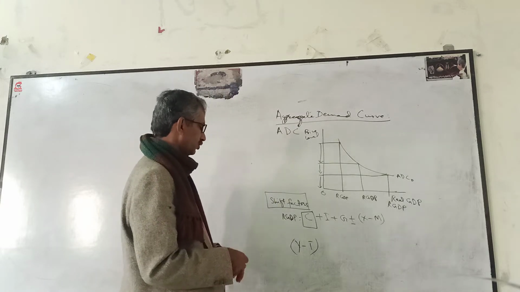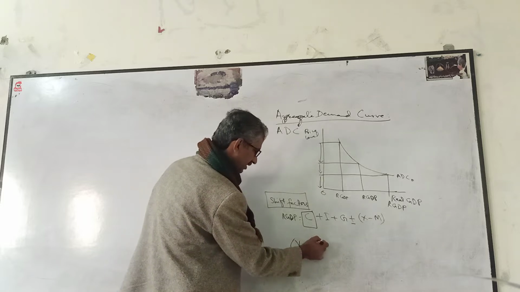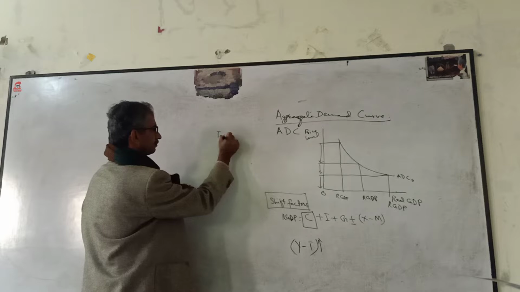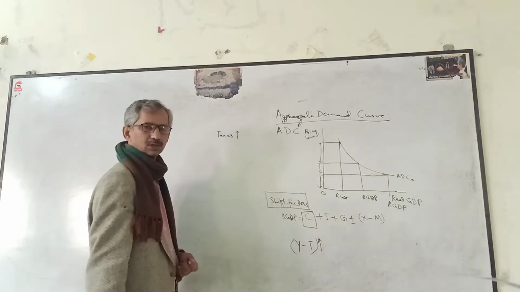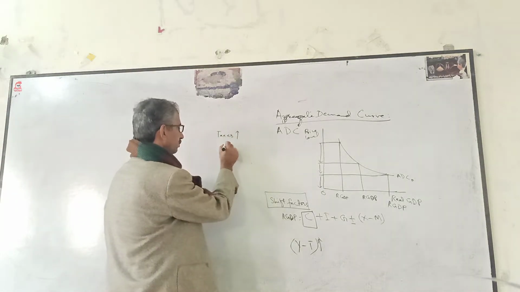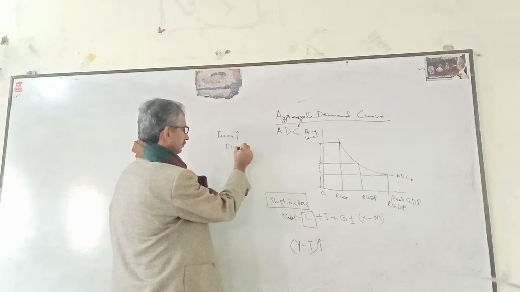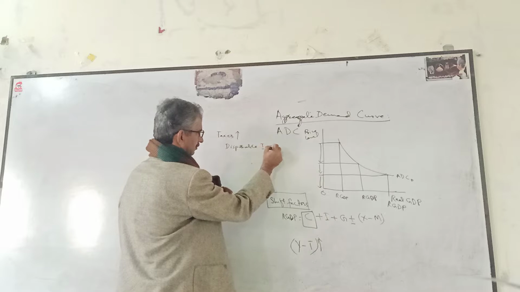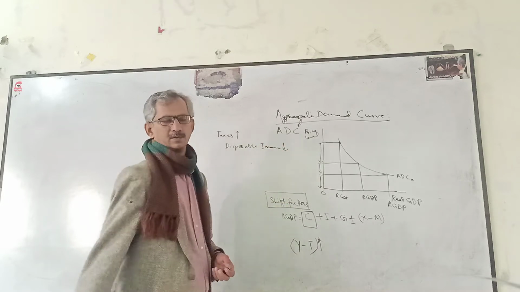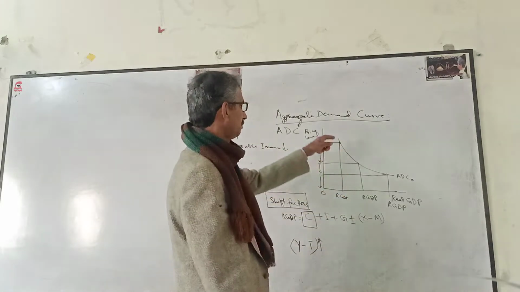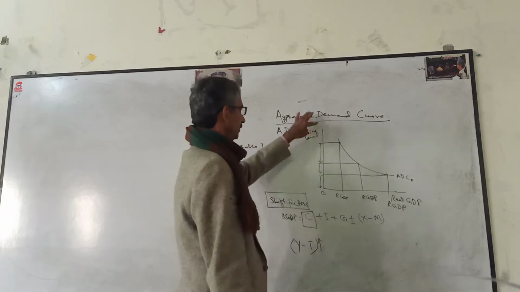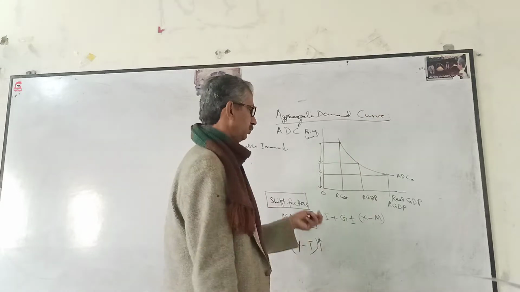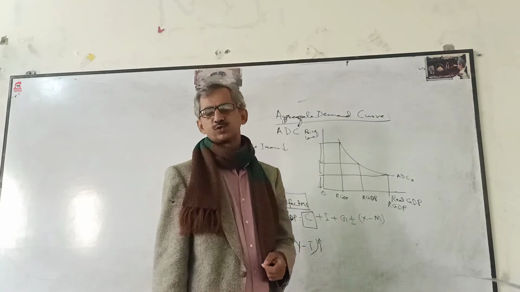So if the government increases the taxes, due to the increase in taxes, disposable income falls. Whatever the price level, when we discussed the aggregate demand curve, we assumed that all other factors are not changing.